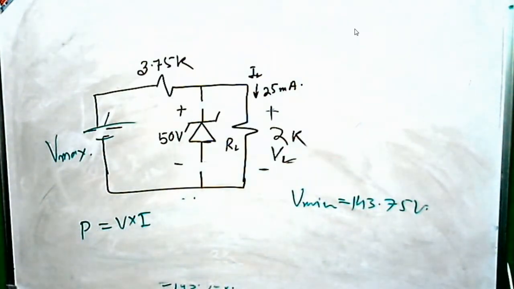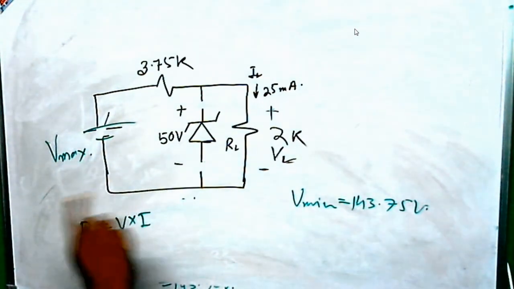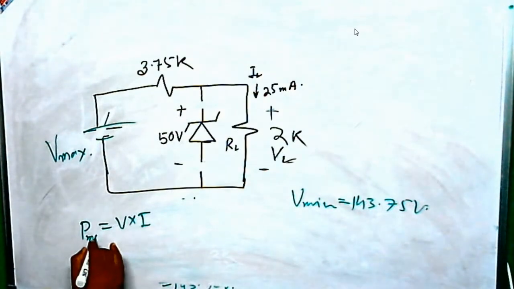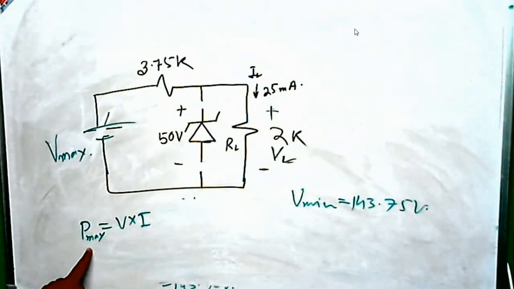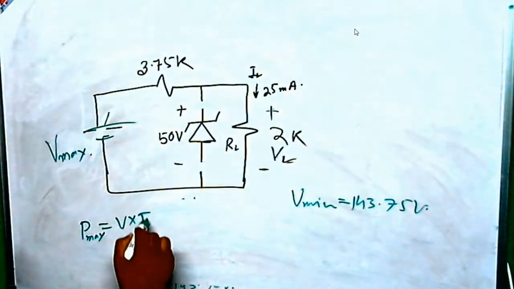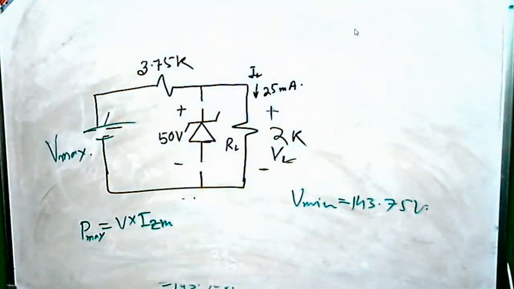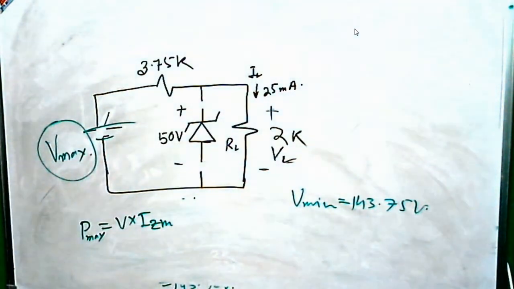Now this particular Zener diode must have a maximum power dissipation capability, that P max, but that value P max is not given in the question. If it is given, then you can calculate the maximum value of Zener current, and from that you can easily find the V max value.